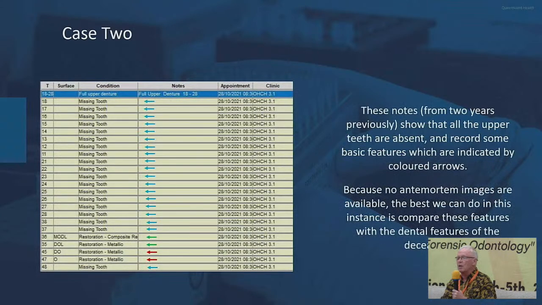If you have a look at the blue arrows, they indicate the teeth that are missing. The red arrows indicate that we have a couple of restorations. Green arrows, we're not going to refer to them at this stage, except that once again they refer to some restorations.